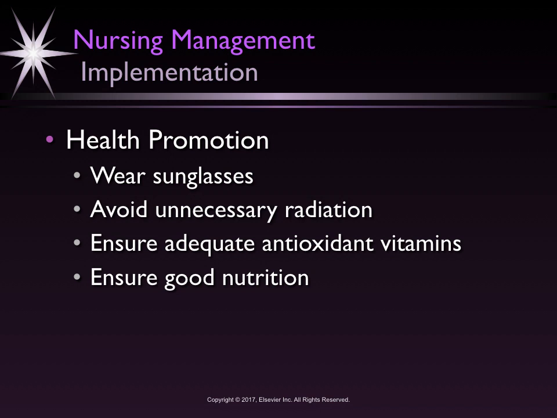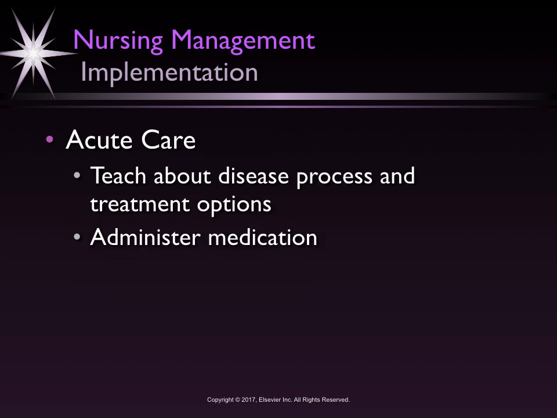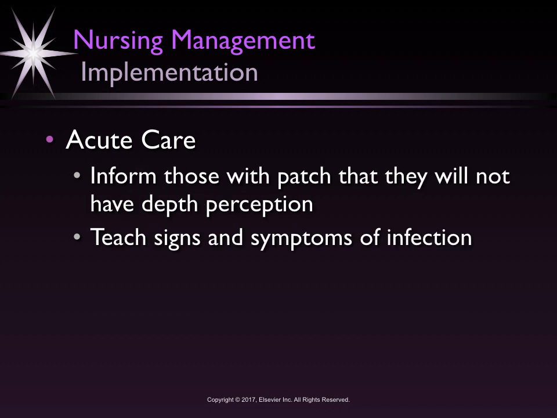As far as health promotion goes, we talked earlier about wearing sunglasses on bright days, avoiding unnecessary radiation, making sure there's adequate antioxidant vitamins, and ensuring good nutrition. As far as during the acute care period, teach them about the disease process and the treatment options and administer medications, and inform those with a patch that they will not have depth perception.